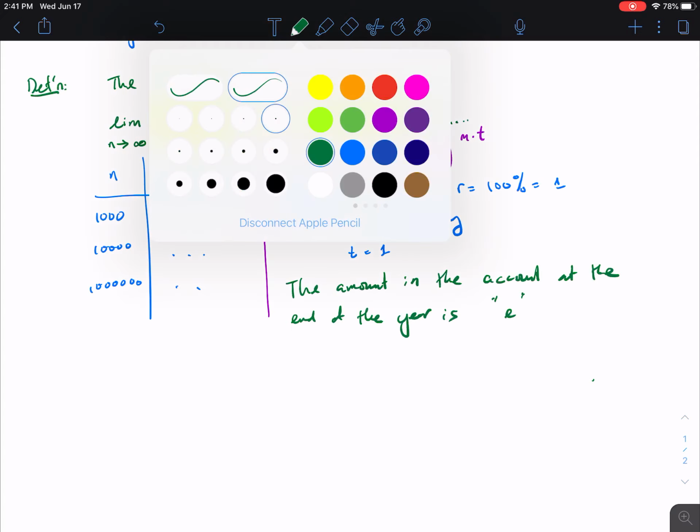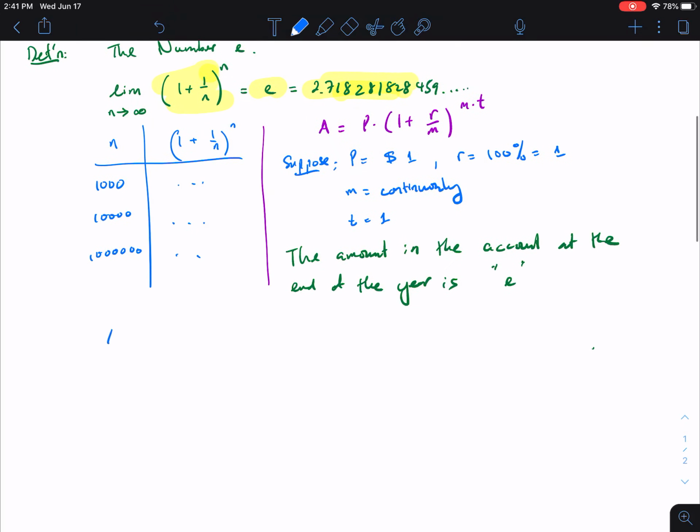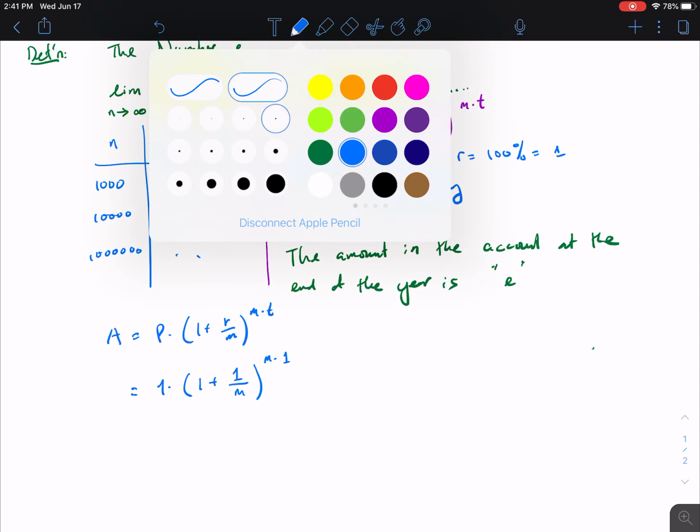If we rewrite this, we say A equal to P times (1 + r/m) to the mt. If P is 1 and r is 100%, so that means it's 1. And then t is going to be 1 because it's after the first year.